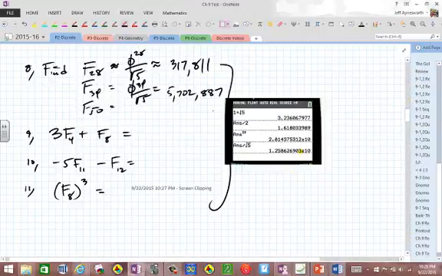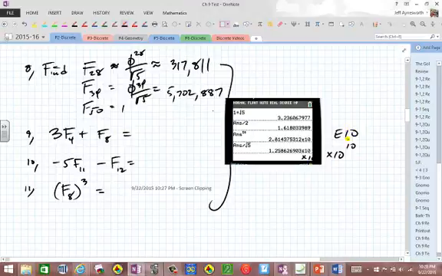Okay, so what we have here on this one, it's 1. You've got to move the decimal 10 places. See, this right here is times 10 to the 10th, because it says E10, which means exponential notation. You have to move the decimal 10 places to the right. So it's 1, 2, 586, 269, 03.